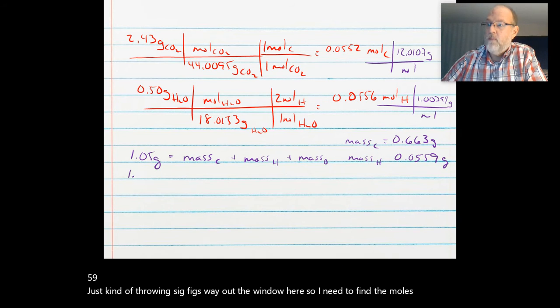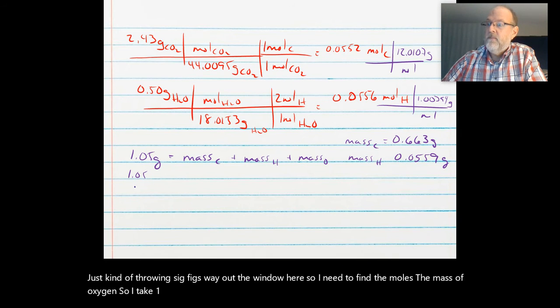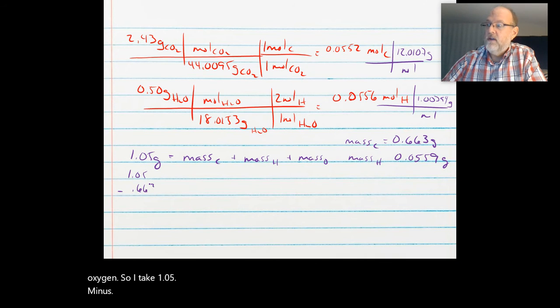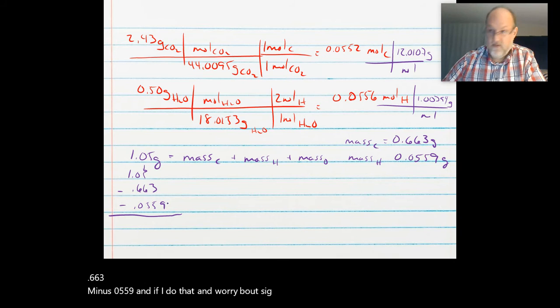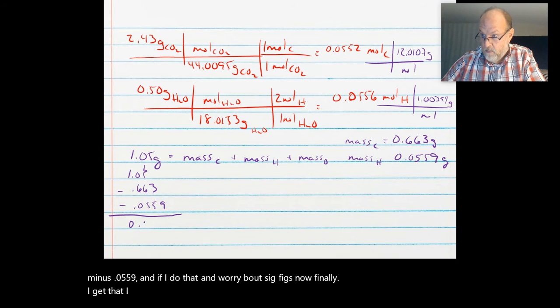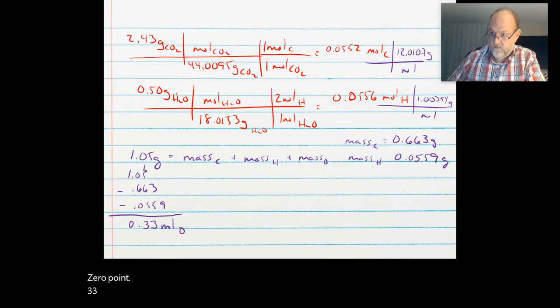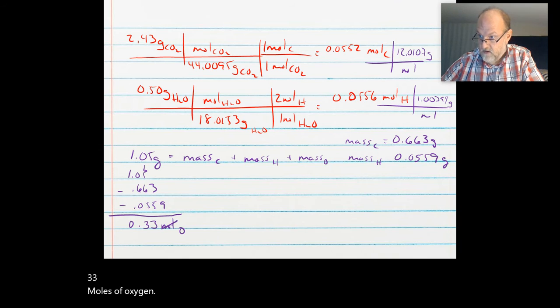So I take 1.05 minus 0.663 minus 0.0559. And if I do that and worry about sig figs now, finally, I get that I had 0.33 grams of oxygen.